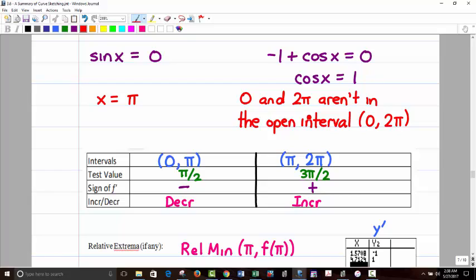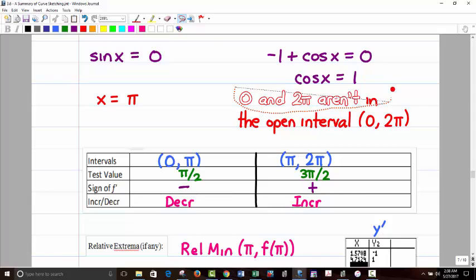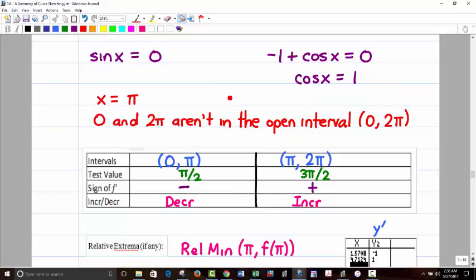Yeah, that actually applies to both of these. And then therefore those answers are eliminated. So pi is the only point of interest in that particular interval.